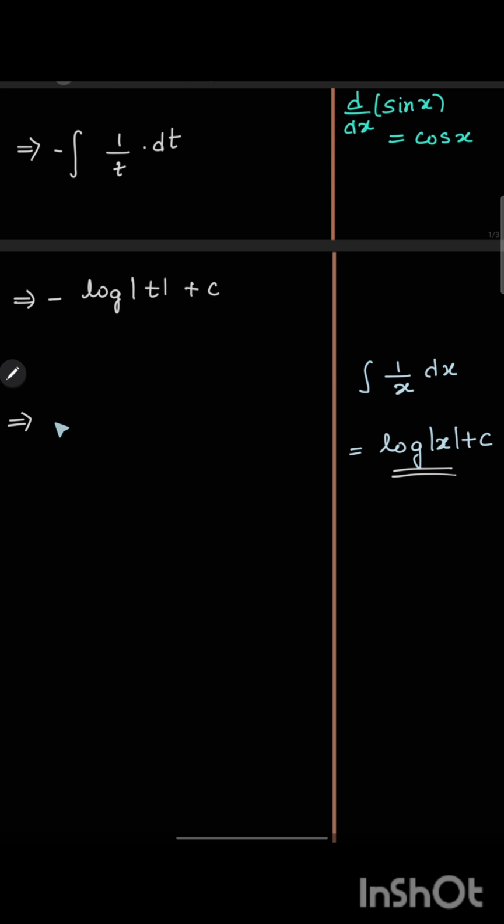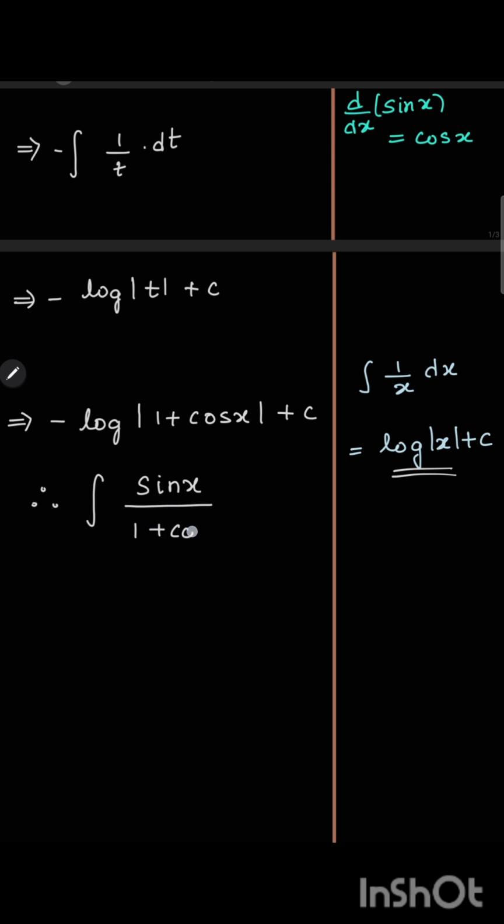So this implies minus log of modulus of 1 plus cos x plus c. Therefore, the integral of sin x divided by 1 plus cos x with respect to x is equal to minus log of modulus of 1 plus cos x plus c.